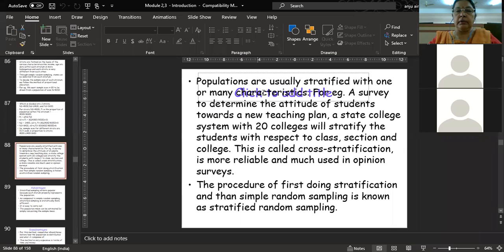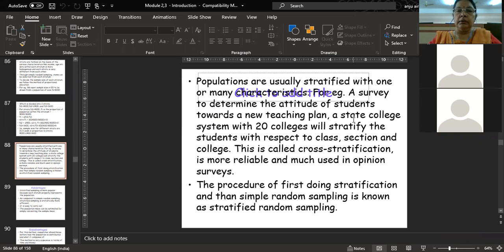So dividing the population into different subgroups, like I told you, demographic characteristics you can take, there are so many demographic characteristics. So for example, you want to do a survey of the attitude of students towards a new teaching plan.